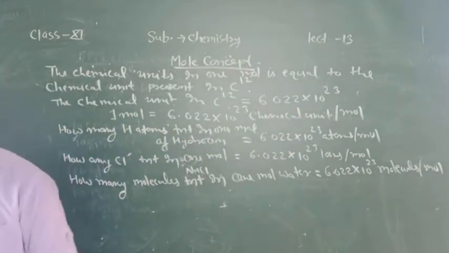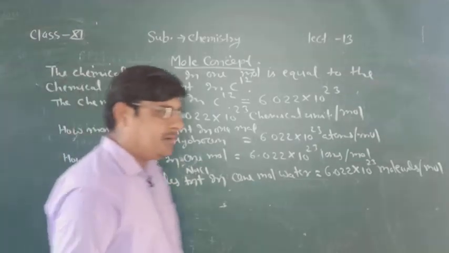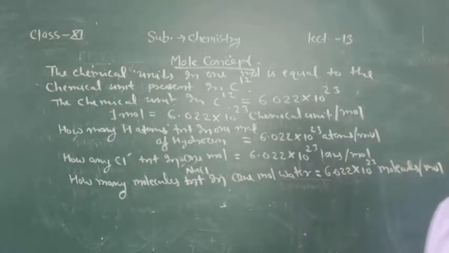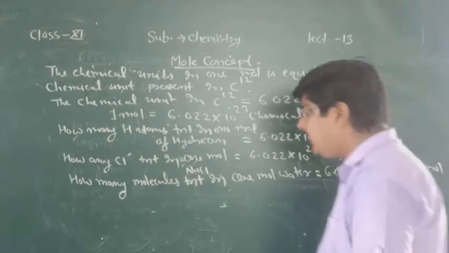Okay, so 1 mole means 6.022 into 10 to the power 23 chemical units, whether maybe atoms or maybe ions or maybe molecules. Okay, so this is the meaning of one mole.